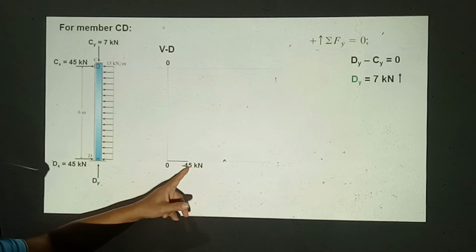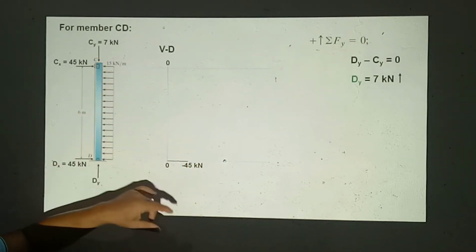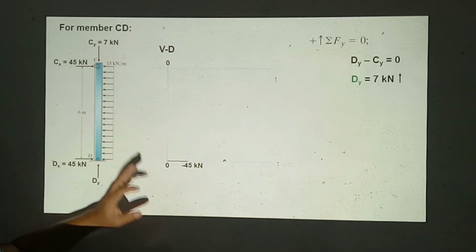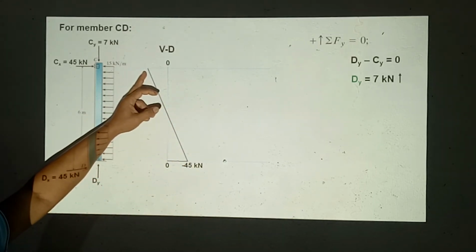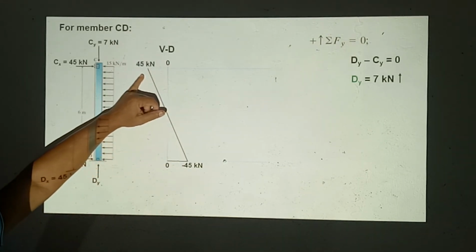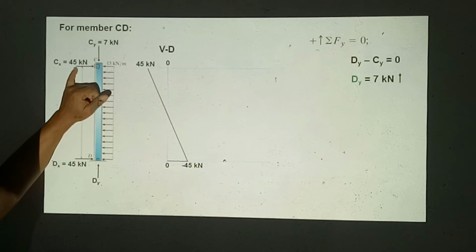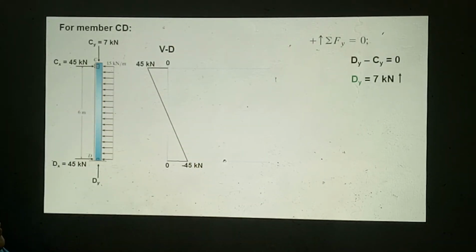So minus 45 plus 15 times 6 gives us a varying shear from this value to positive 45 kilonewtons. And then we have a reaction Cx of 45, so it goes back to 0 at point C. And this is our shear diagram.